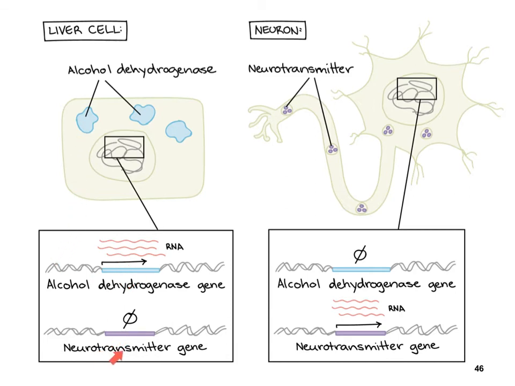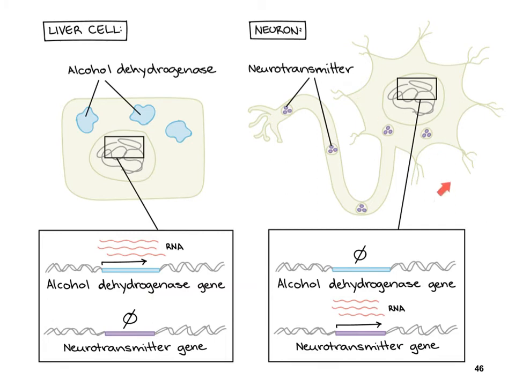It does actually have instructions for making neurotransmitters, right? All of your cells have a complete set of DNA, except sperm and egg. So your liver cells have neurotransmitter genes, yet it doesn't make them, right? This is turned off there.